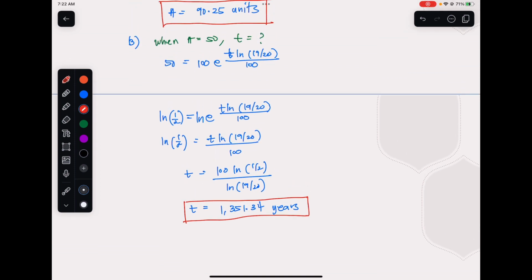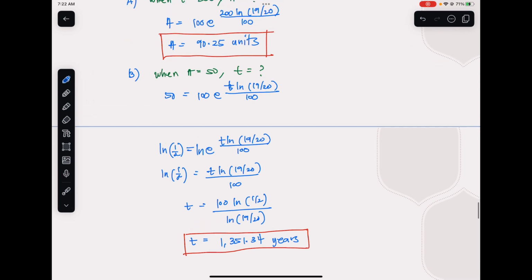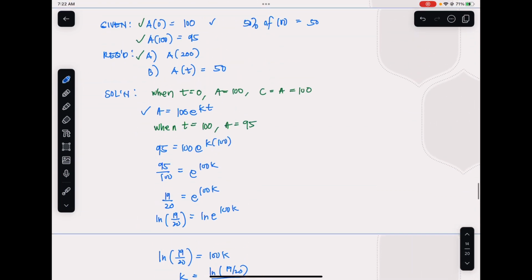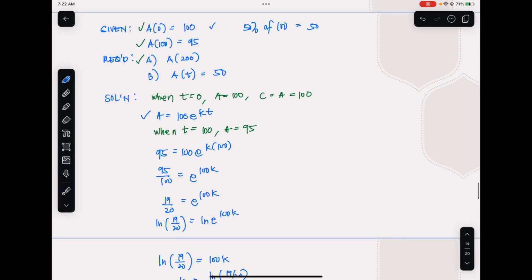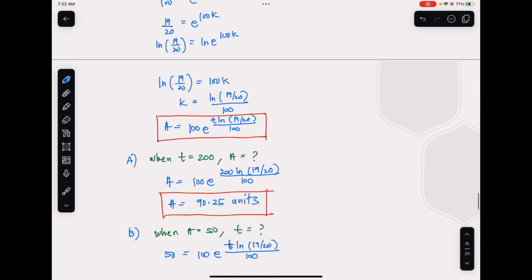And this one is another decay problem. So originally there are 100 units. After 100 years, the 100 units reduces to 95 units. And then after another 100 years, it reduces further to 90.25 units.